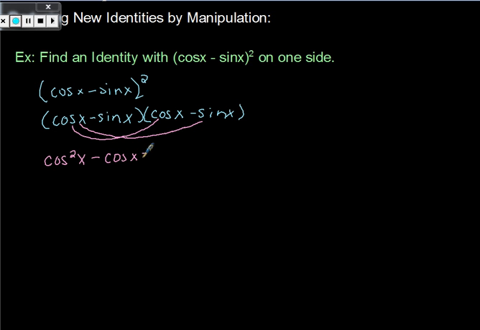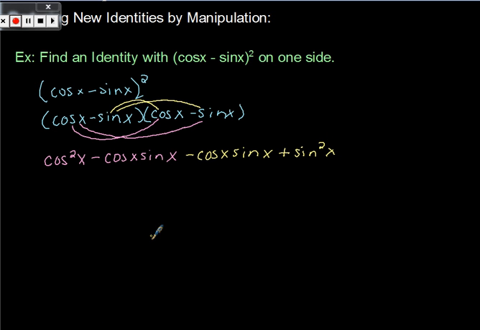Can't do anything with that, so we're just going to squish this stuff together. And then we are going to look at multiplying the other way. So we're going to do negative sine of x times cosine of x and get the same thing that we just had. And then we're going to do negative sine of x times negative sine of x. So we're going to get a positive, because a negative times a negative is a positive, sine squared x.